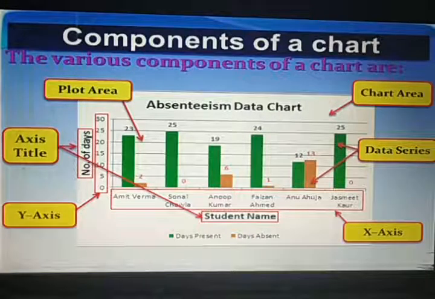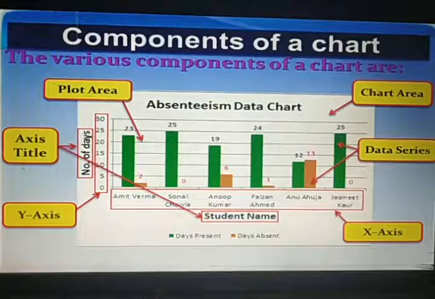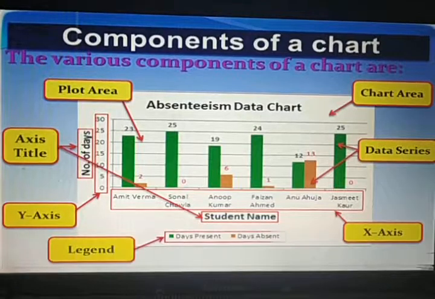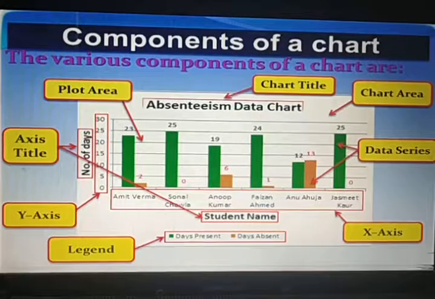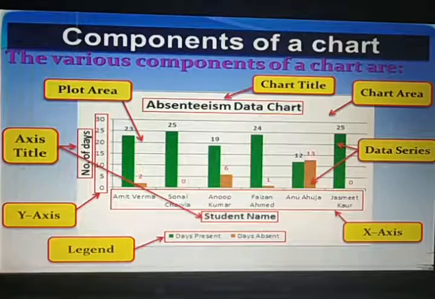Data series are the graphics that represent data in various forms like bar, column, line, pie, area, etc. The legend identifies the patterns or colors that are assigned to the data series or categories in the chart. Chart title is the title of the chart. So these are the various components of a chart.